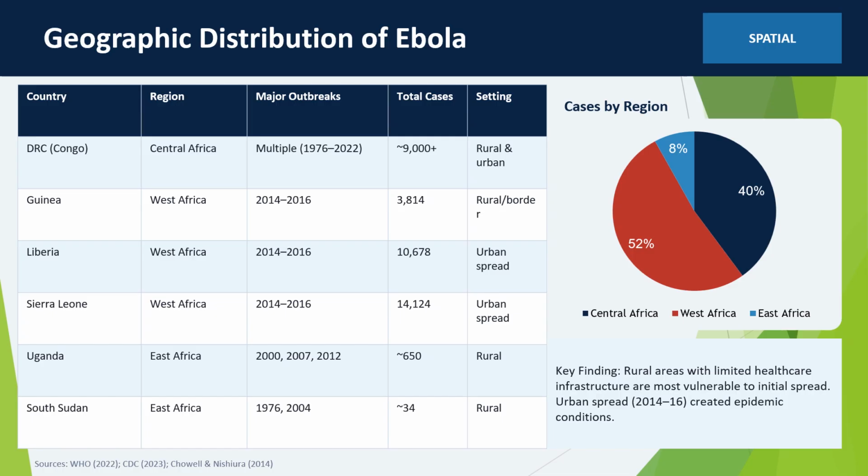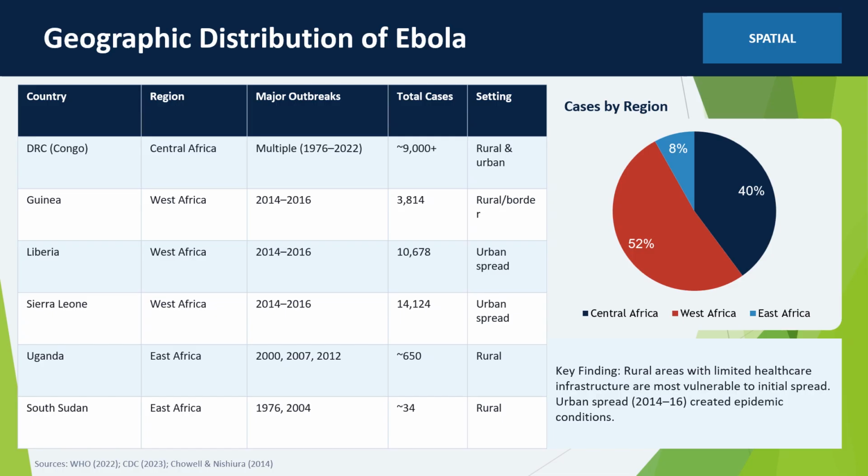The Democratic Republic of Congo has experienced the most outbreaks over time, with over 9,000 cumulative cases. However, by sheer volume, the West African countries, Guinea, Liberia, and Sierra Leone, account for the majority of Ebola cases due to the 2014-2016 epidemic.